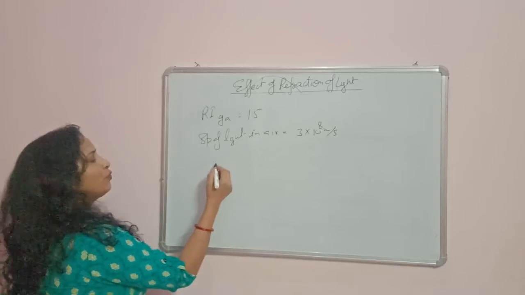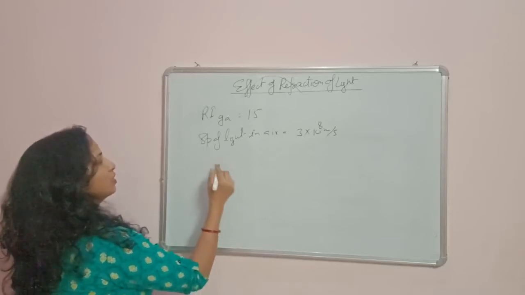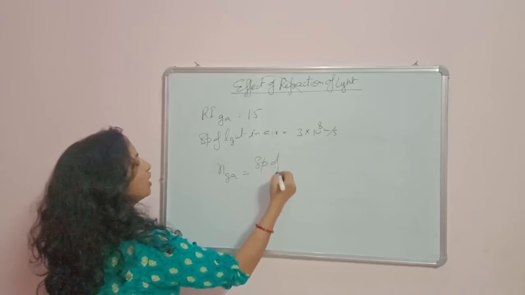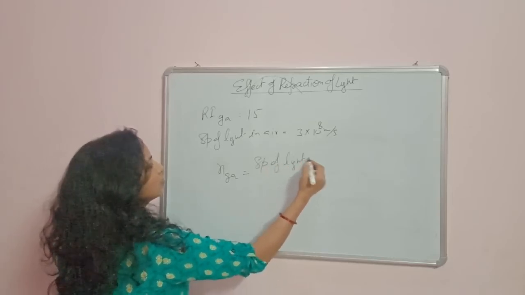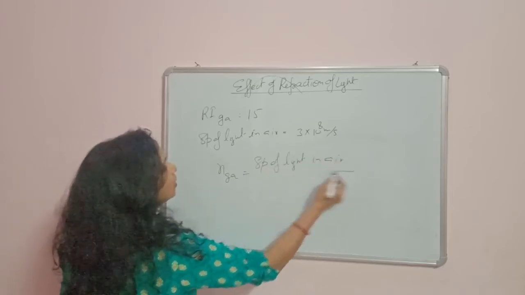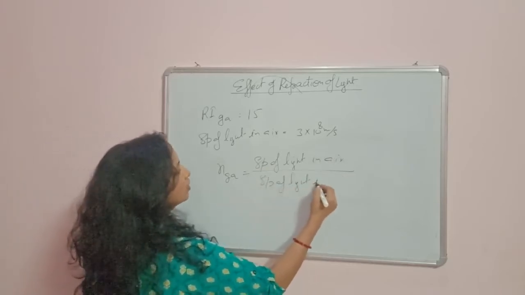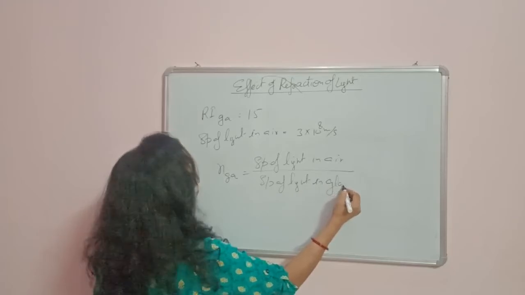So we know the formula: refractive index of glass with respect to air is equal to the speed of light in air upon the speed of light in glass.